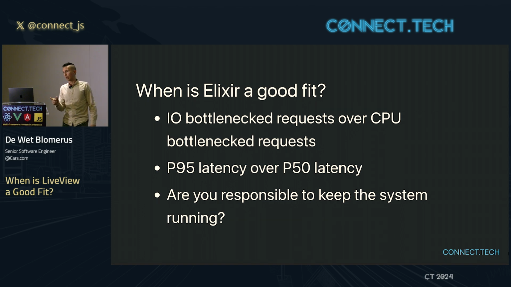The other party trick of the BEAM is the CPU scheduler. And I'm not saying it's better, it's just a trade-off. It is why Elixir is weaker at CPU tasks, because of how the scheduler works. Let's say you've got 10,000 requests per second coming into your system. And 10,000 requests show up.